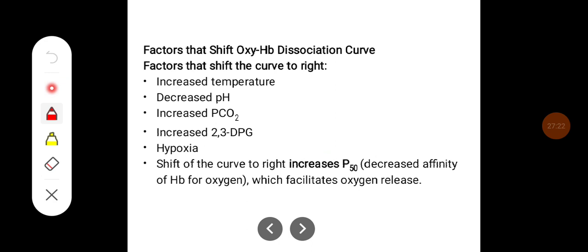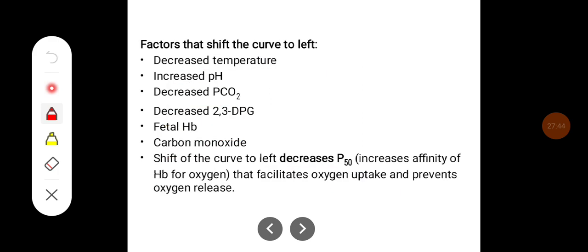So these are some of the factors which shift the curve to the right side: increase in temperature, decrease in pH, increase in PCO2, increase in 2,3-DPG, and hypoxia, which eventually shifts the curve to the right, increases P50, which facilitates the oxygen release.